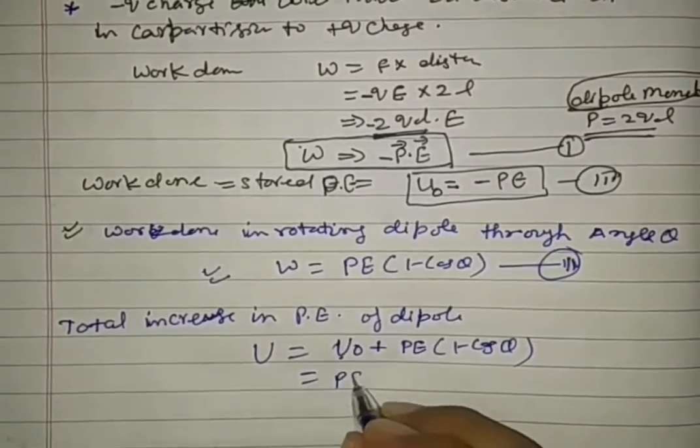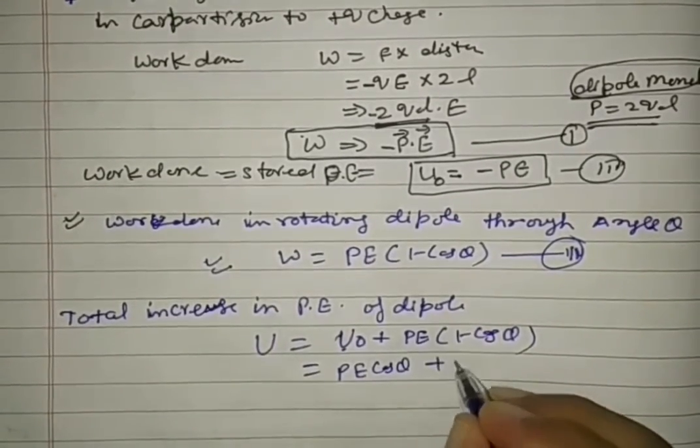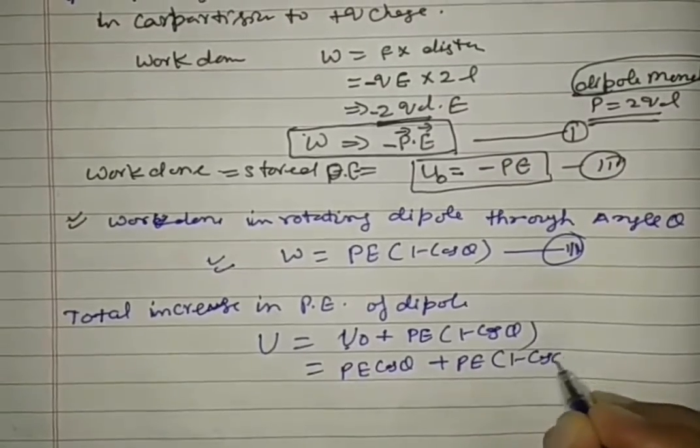So U naught is minus pE cos theta, plus pE(1 minus cos theta).